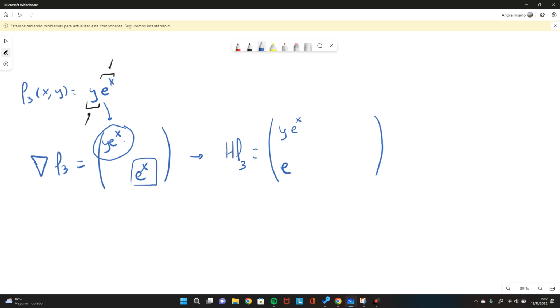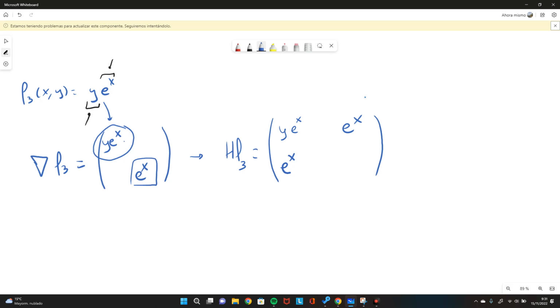And here, this is going to be the function, right? Because when we actually perform this derivative in respect to x, this is what we get, okay?